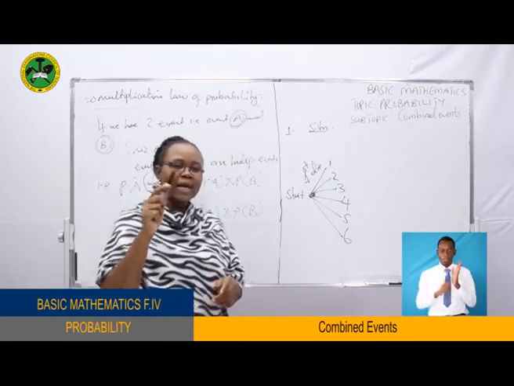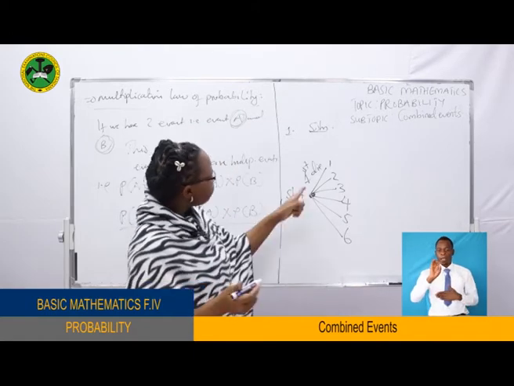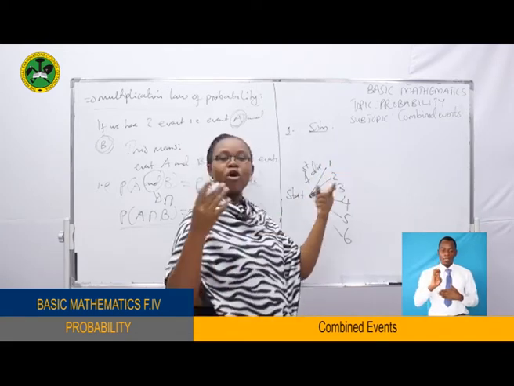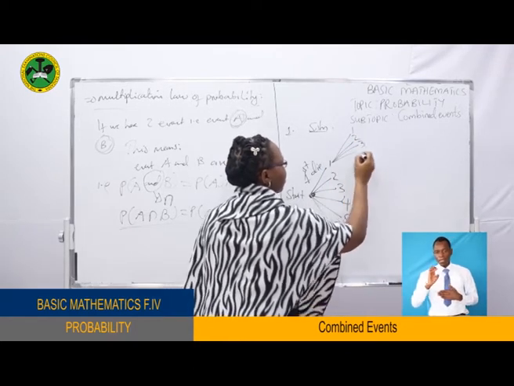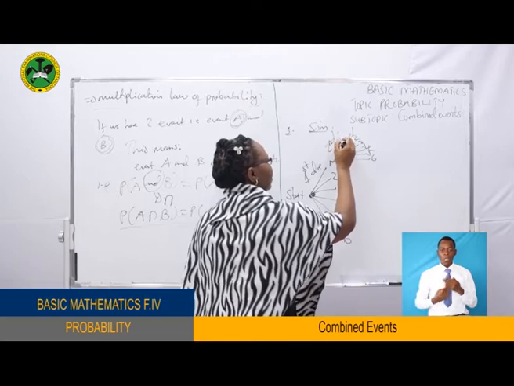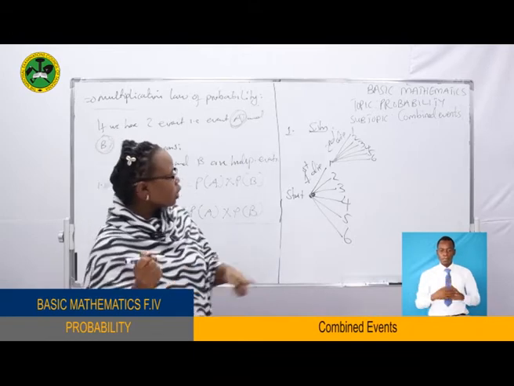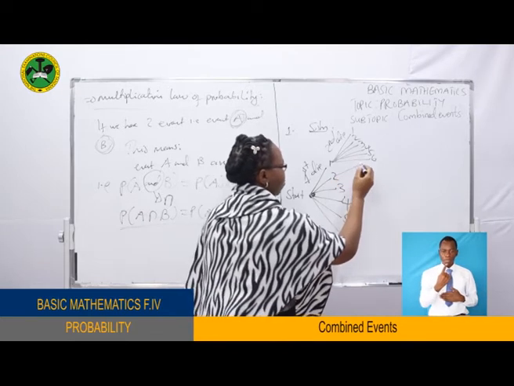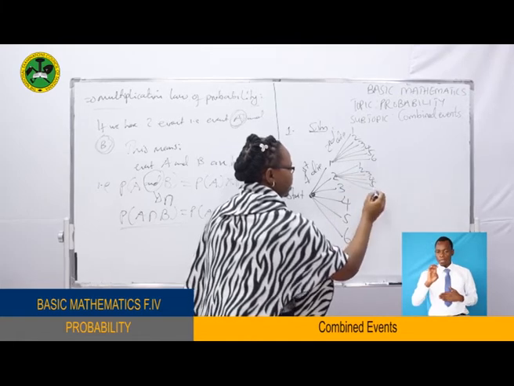Then the possibility of the second die will be shown like this. When the first die shows 1, the second die may show all the other options. That is, it may show 1, 2, 3, 4, 5, 6. This is the second die. Or when the first die shows 2, the second die also may show all the options 1, 2, 3, 4, 5, 6.